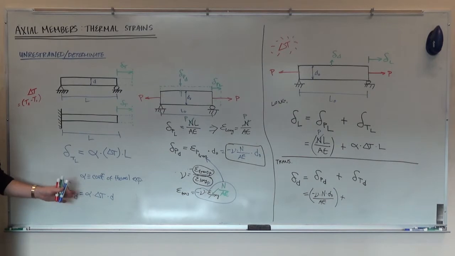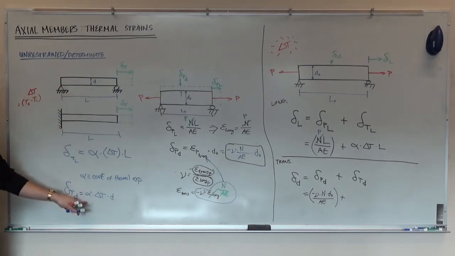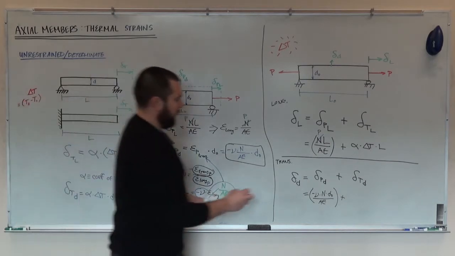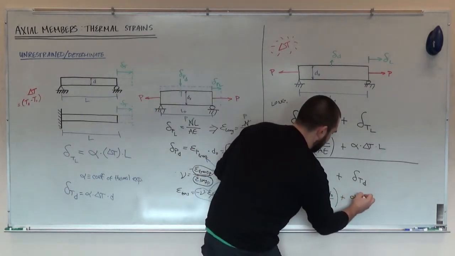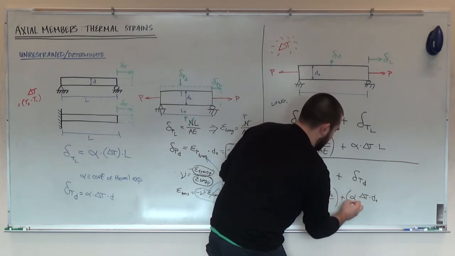The thermal strain is the same transversely as it is longitudinally. So then to calculate the change in width from the thermal strain, we just multiply by the original width. So this is the only component that I need to bring over there. And we get alpha times delta T times d naught.